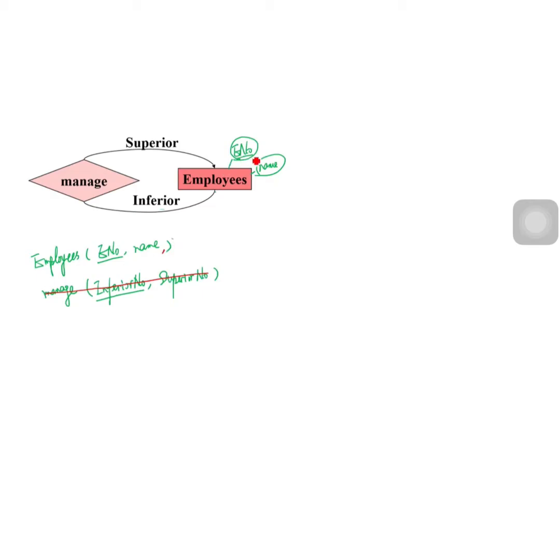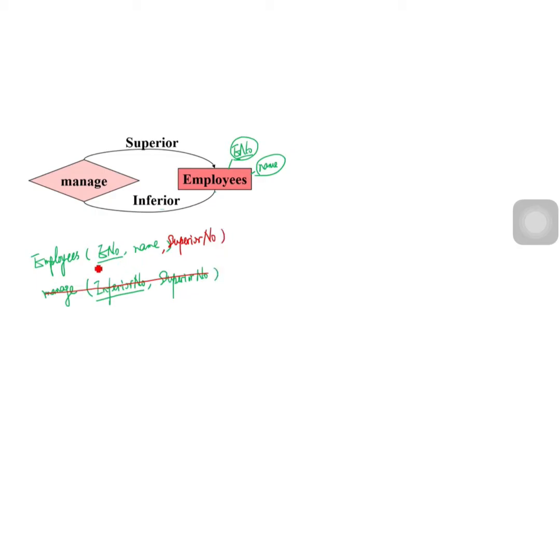the employee number into the employees, whose primary key is employee number. Because of the rule, we'll rename the attribute as superior employee number.